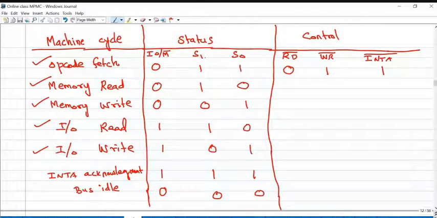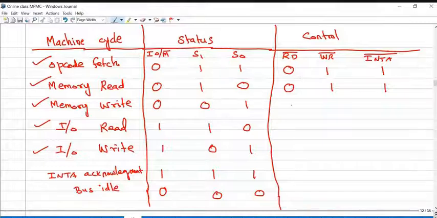By reading S1, S0 and IO/M bar, we can understand whether the processor is communicating with memory or an IO device, or whether it is fetching an instruction from memory or reading and writing data from memory or IO devices. For a memory read operation, read bar must be active, and the remaining should be inactive.